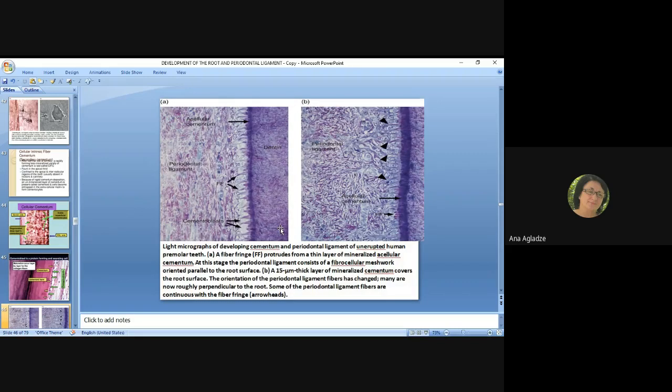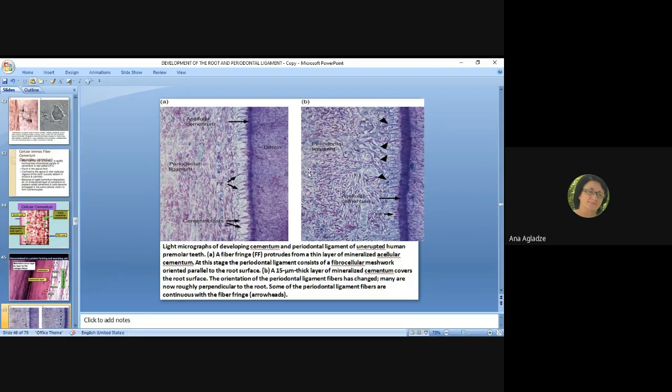Here you can see this micrograph of developing cementum and periodontal ligament in an unerupted human premolar tooth, and here you can see this fiber fringe, which protrudes from the thin layer of mineralized acellular cementum. This is the periodontal ligament, and this is acellular cementum.